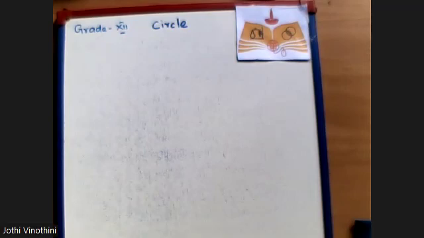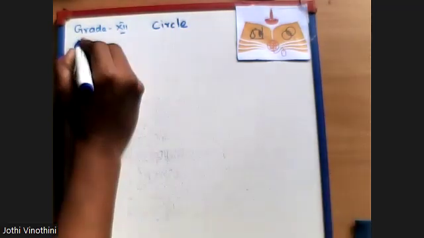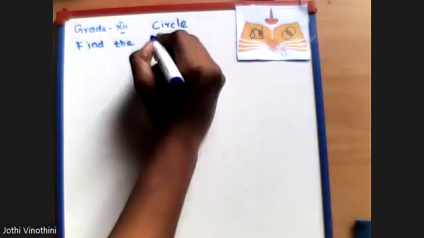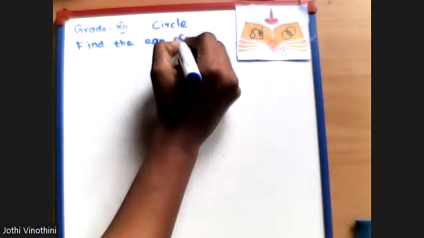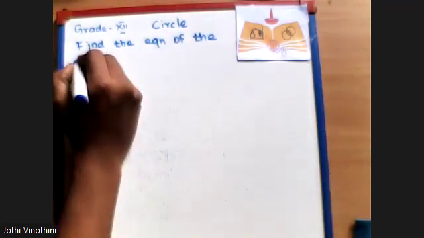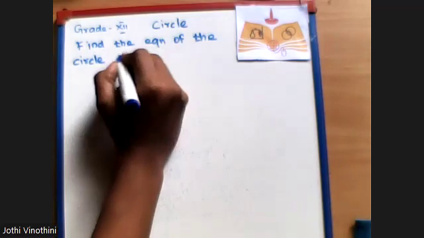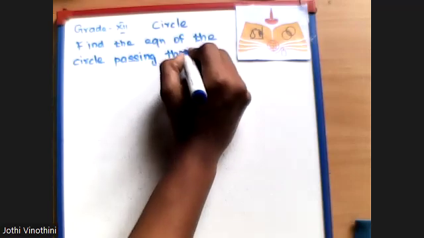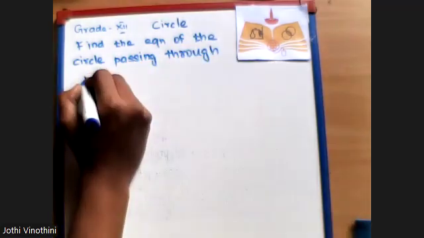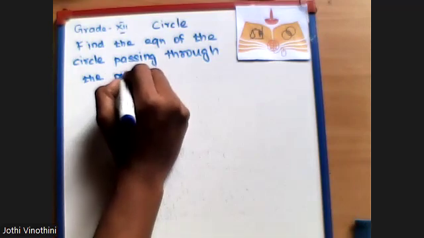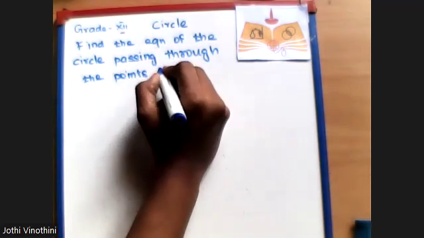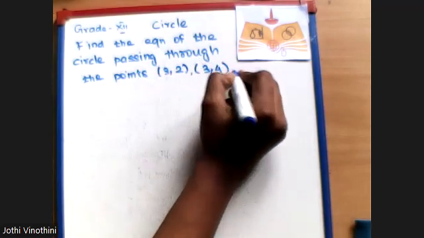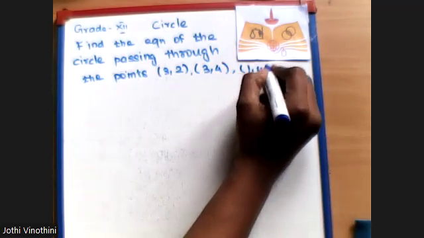The first question is: find the equation of the circle passing through the points 3, 2, 3, 4 and 1, 4.